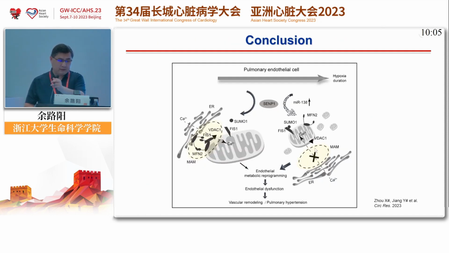So in this story, we find that in the early stage, after the short exposure of hypoxia, it will induce a SENP1 translocation from the nucleus to the mitochondria to induce the deSUMOylation of FIS1 and maintain the calcium communication and the mitochondrial homeostasis.